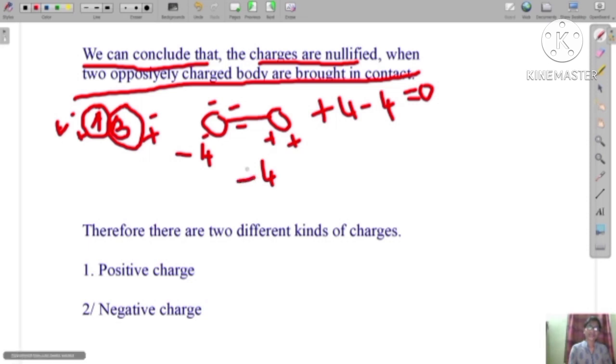So when they are in contact, if you sum up, then what happens to those amount of charges? 0. And this was seen by Benjamin Franklin, that when two bodies are kept in contact, the same force of attraction, or force of repulsion, will not happen for a long time.